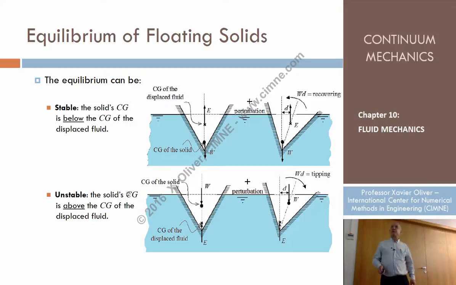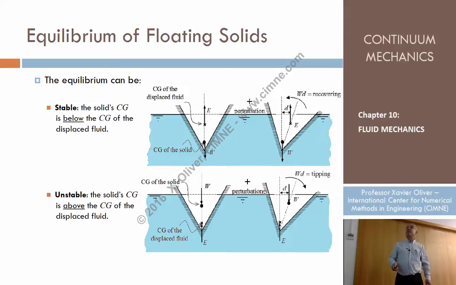But what would have happened if instead, for some reason, the center of gravity of the solid and the center of gravity of the displaced fluid are in that position, the first above the second, okay? Of course, the forces are equal to each other, and this position is in equilibrium. There is no moment, forces are aligned, and there is no resulting force. This force cancels that one, okay?